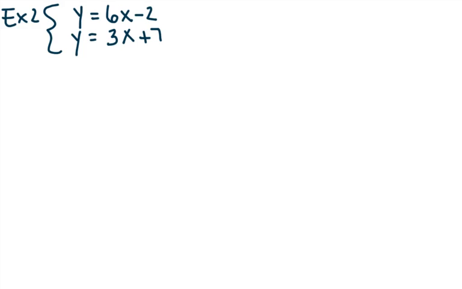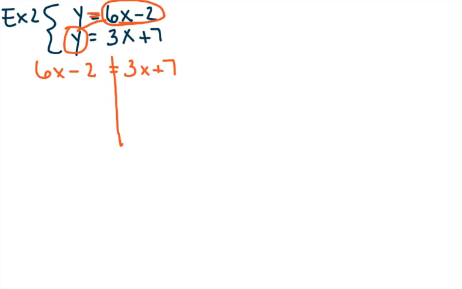So I'm going to take this value that I said y was equal to, and I'm going to put it in for this y because the y's are equal. So we get 6x minus 2 is equal to 3x plus 7. And we're ready to solve.